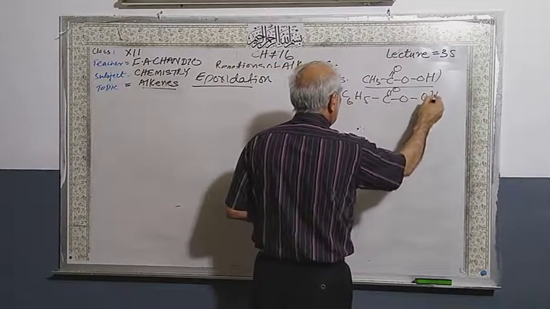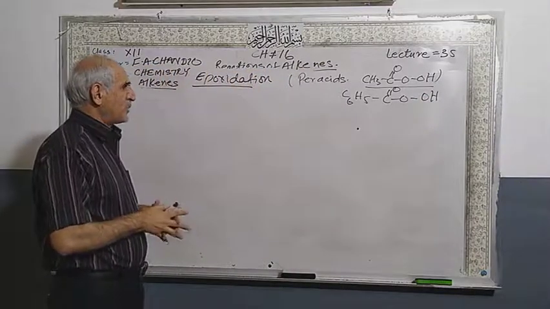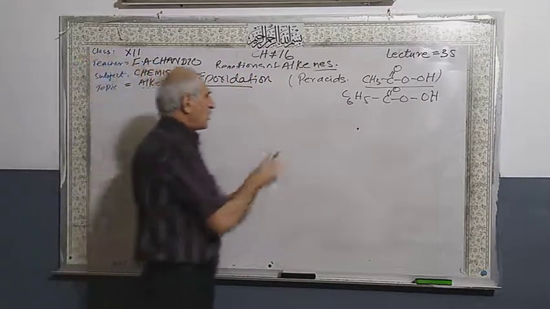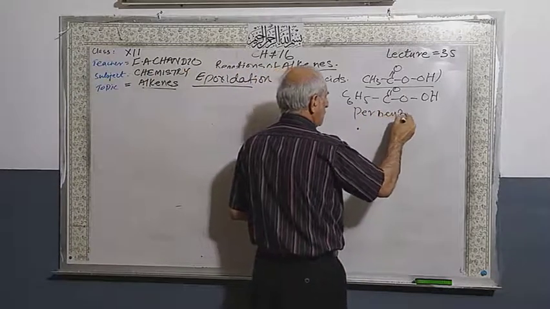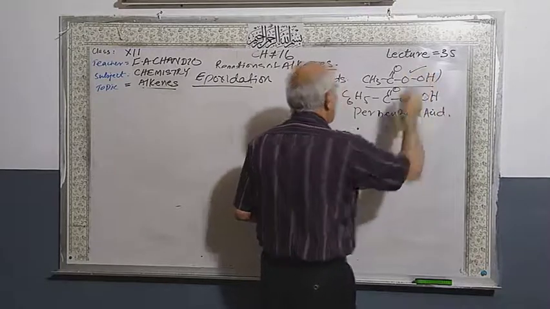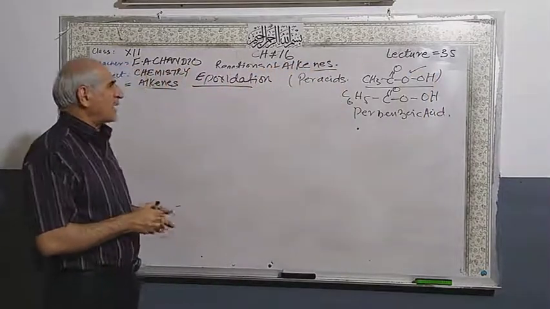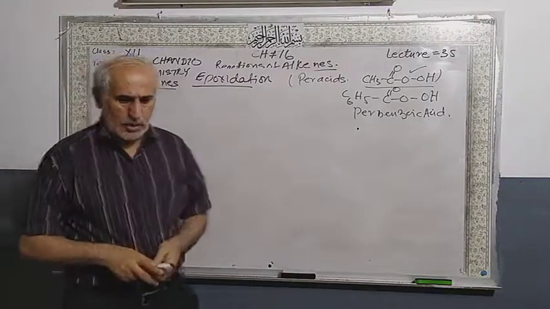This is perbenzoic acid. Peracetic acid, perbenzoic acid. So we use per acids in the epoxidation.